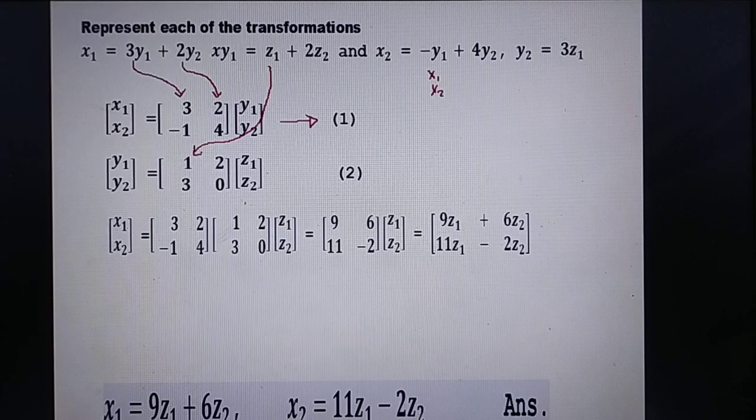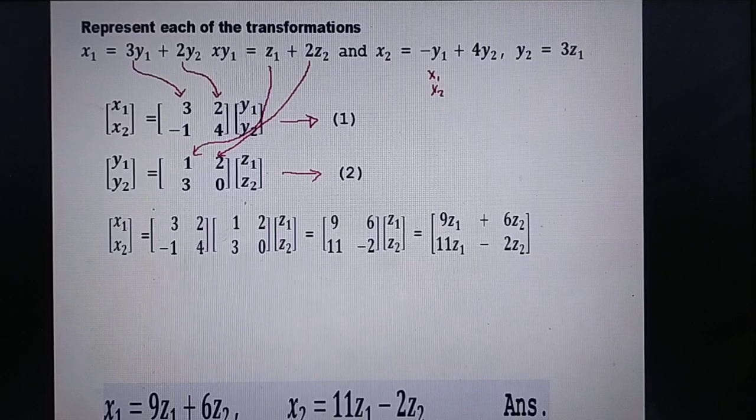For another z1, that is 3. So for z2, for this equation there is no z2, therefore make it 0 here. So this will be our equation 2.